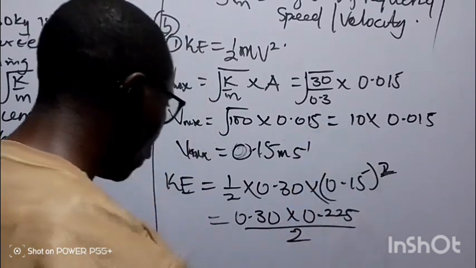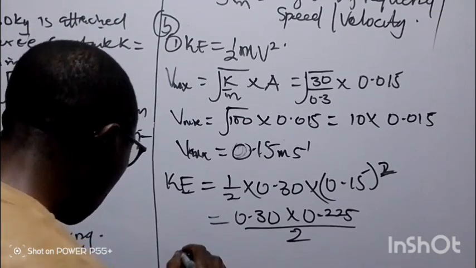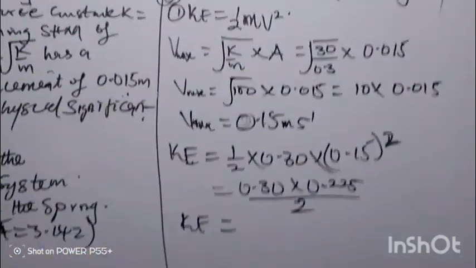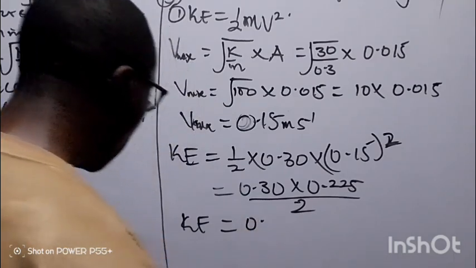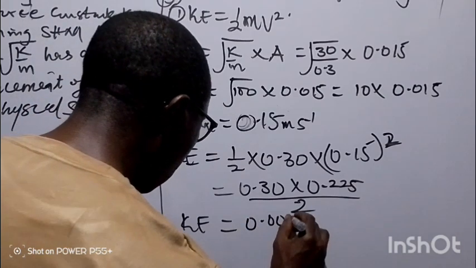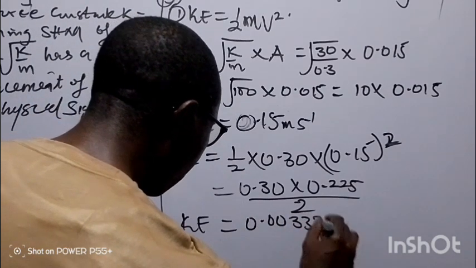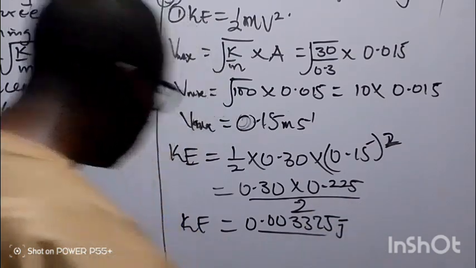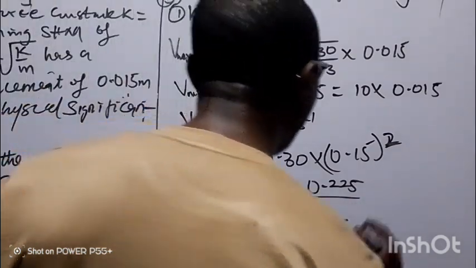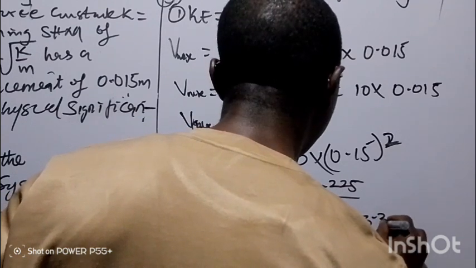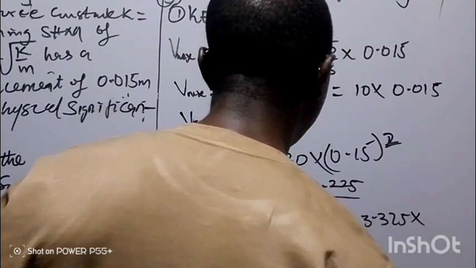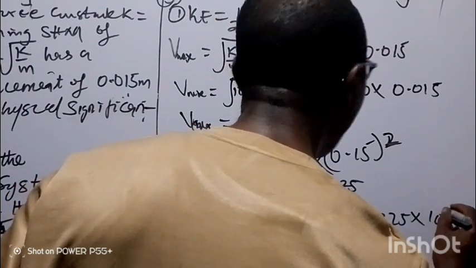Now, kinetic energy will be equal to 0.003375 joule, or 3.375 times 10 raised to power minus 3 joule.